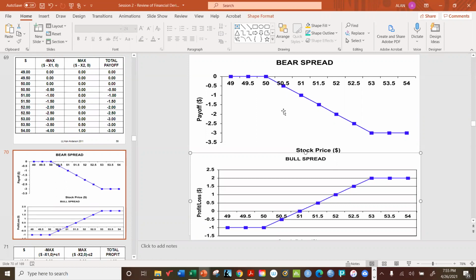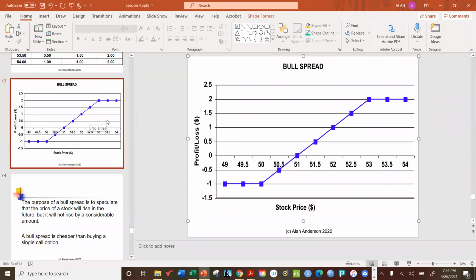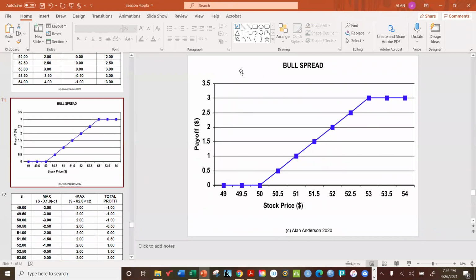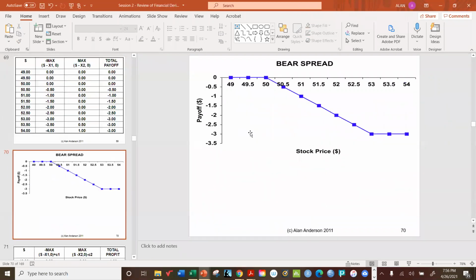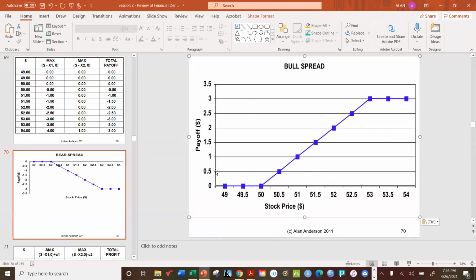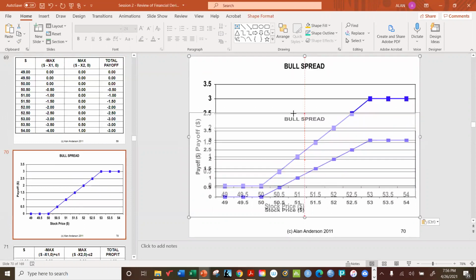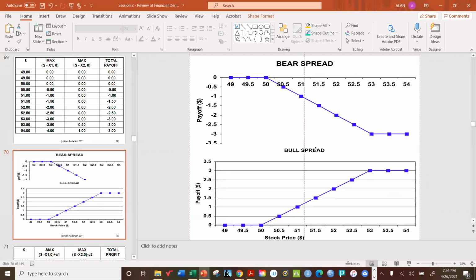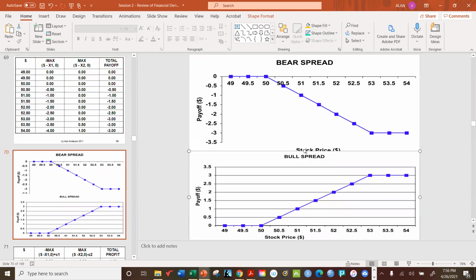Or, even more interestingly, the bear spread means you've sold the bull spread, meaning that you've reversed the two positions. Oh, I grabbed the wrong one. This is the profits and losses. Hold on. This one, that's what I wanted. So you can see them all together in one place and visualize more easily what the two of them look like.